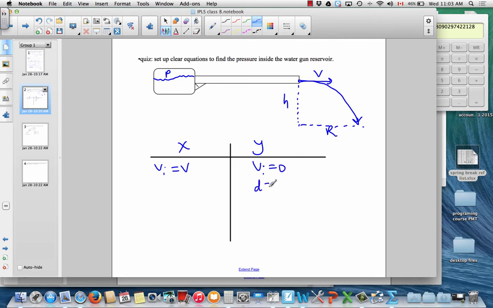The y displacement is downwards h, and the y acceleration is downwards 9.8. The x displacement is r. And so knowing h and knowing r, you should be able to find the speed v just using projectile motion analysis. Then you can use fluid theory to figure out what this pressure inside here is. Okay, so more on that in class.